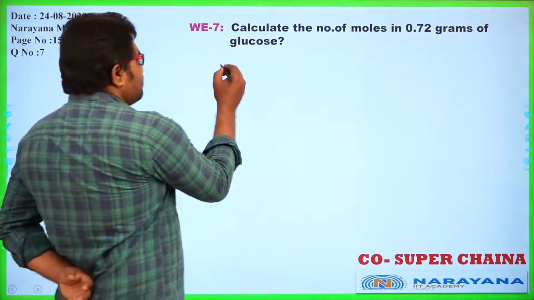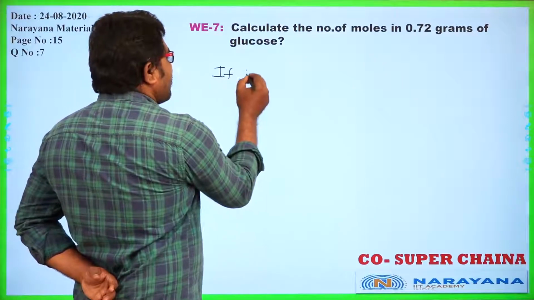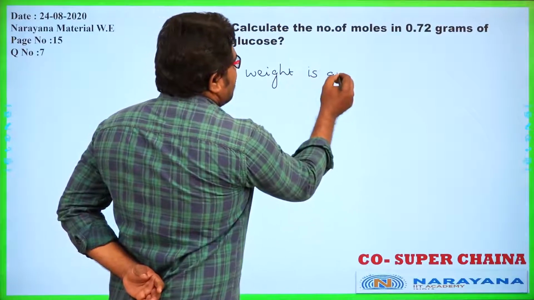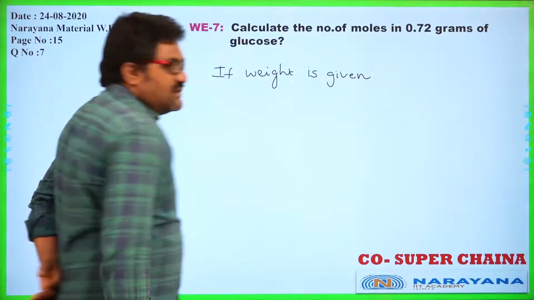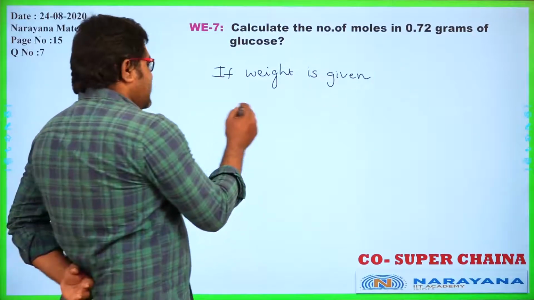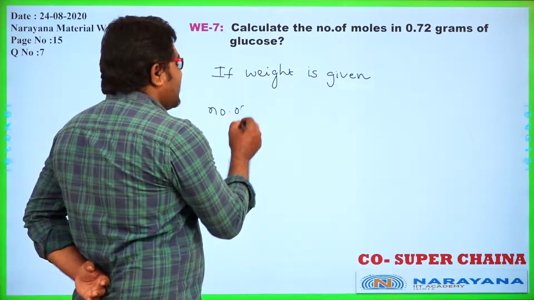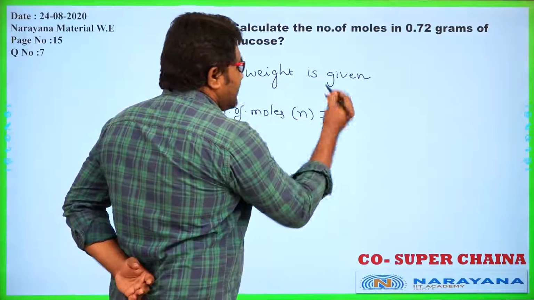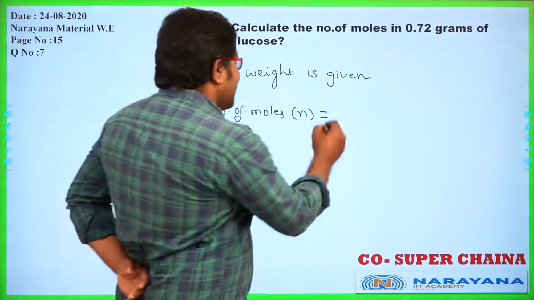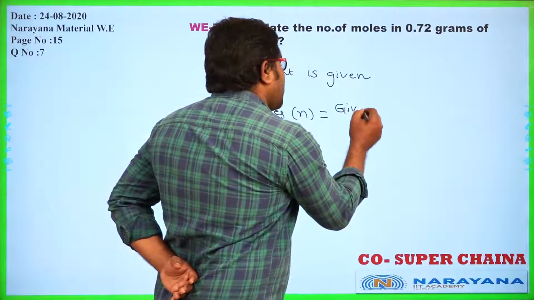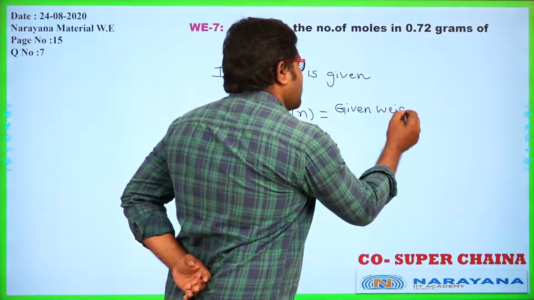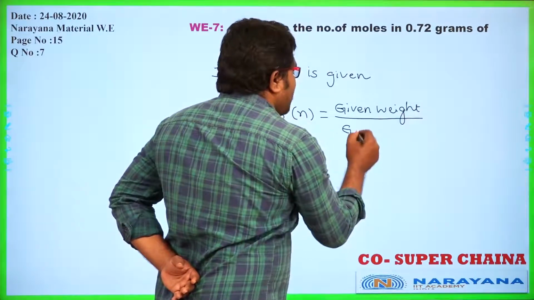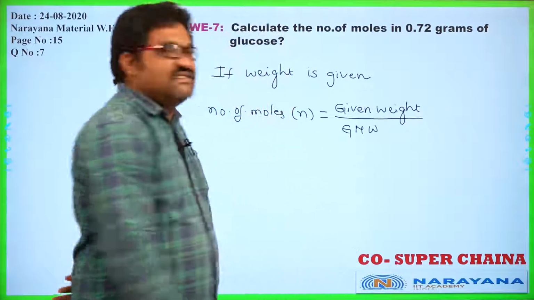If weight is given, then the formula for finding the number of moles of a substance, generally indicated by the small letter n, is given weight divided by gram molecular weight of the substance.